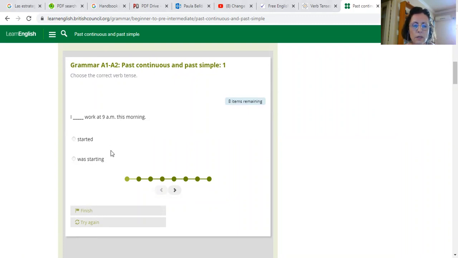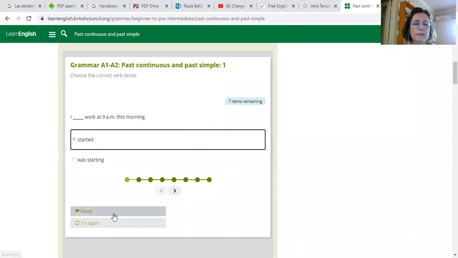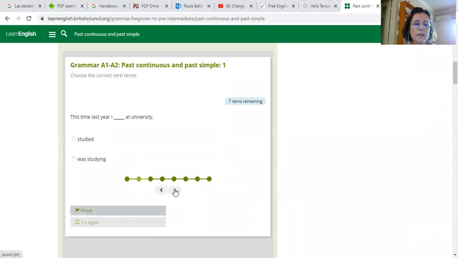Which is the correct one? Remember here we have a point, so it's not in progress. It's started. Yes, I started.